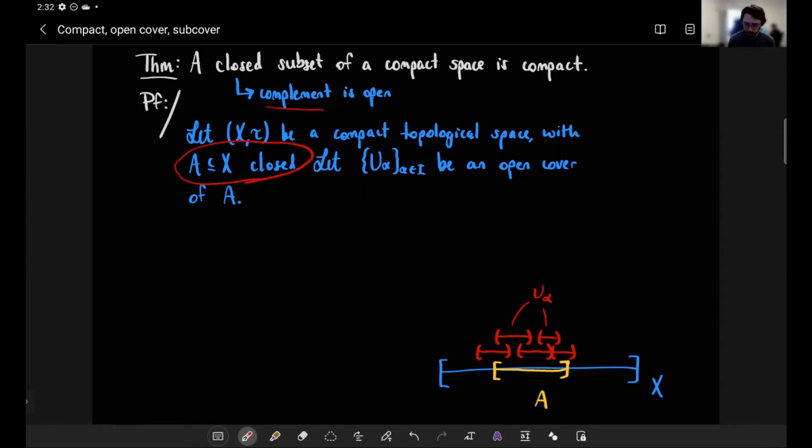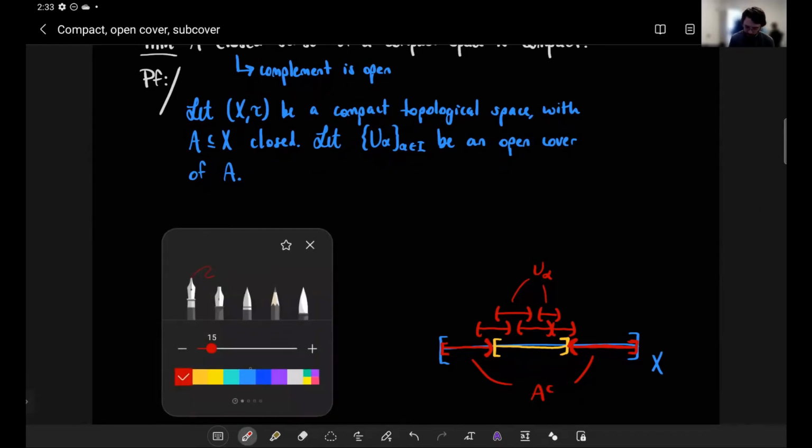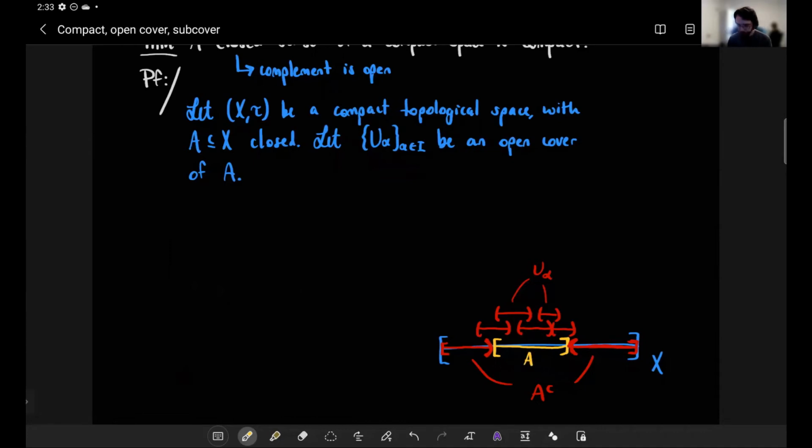And I said closed means complement is open. Okay, so I could think here, oh, its complement is that chunk plus this chunk. So that's A complement right there, or X minus A if you want to think about it that way. And that's another open set.